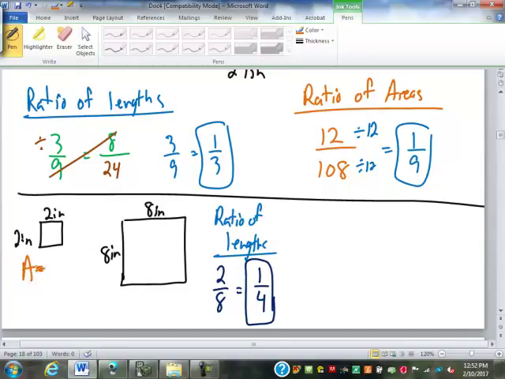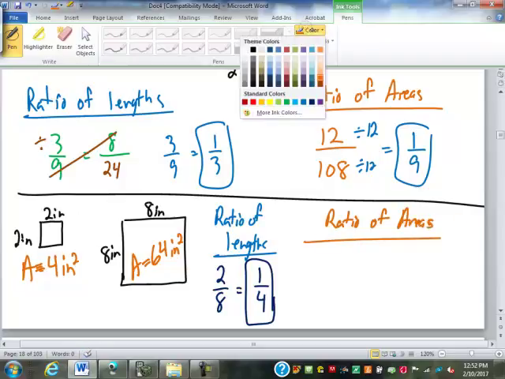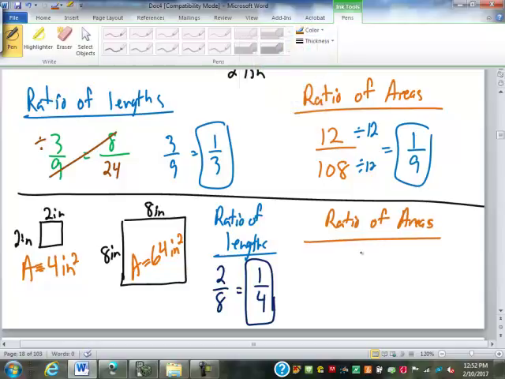What's the area of the little square? 4 square inches. Right? What is the area of the big square? 8 by 8, or 64 square inches. My ratio of areas turns out to be 4 to 64. This can both be divided by 4. Give me a 1 to 16 ratio.